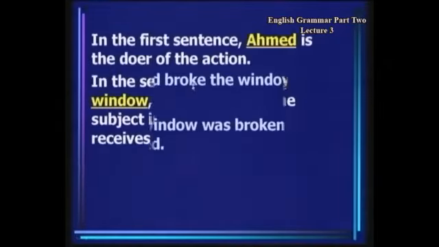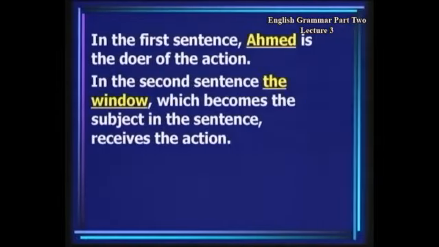All right? Let's look at this explanation. In the first sentence, Ahmed is the doer of the action. In the second sentence, the window, which becomes the subject in the sentence, receives the action. The action of breaking is received by the window. It's not done by the window.